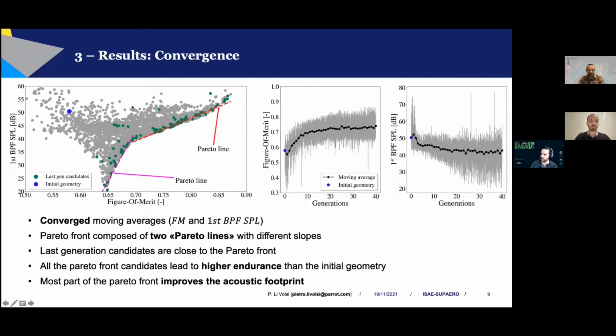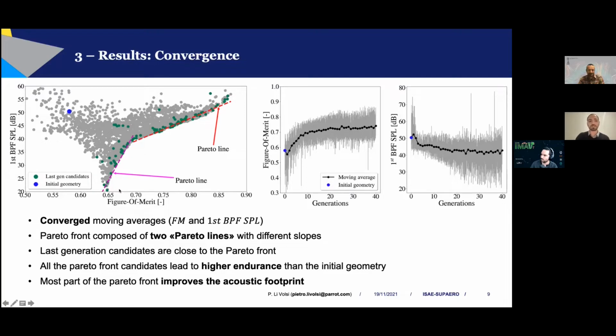On the left-hand side, you can see the first BPF SPL as a function of the figure of merit. Here you can see the initial geometry as the blue dot. The ideal candidate would have been on the bottom right part of the image. However, we cannot see only one optimized result, but another Pareto front.